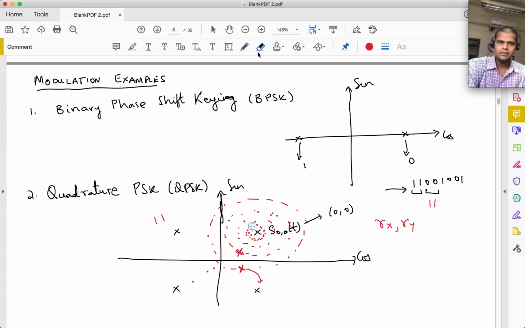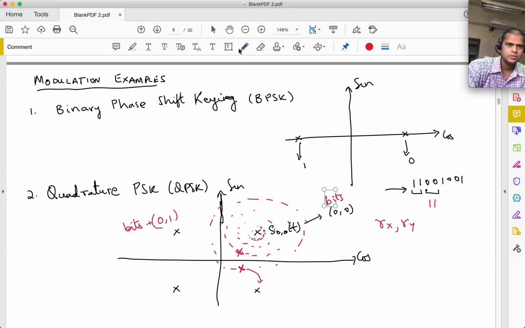So better than assigning 1 1 to this, let's say that I assign bits, let's say 0 1. These are not the coordinates of this, I'm just writing the bits over here in this form.